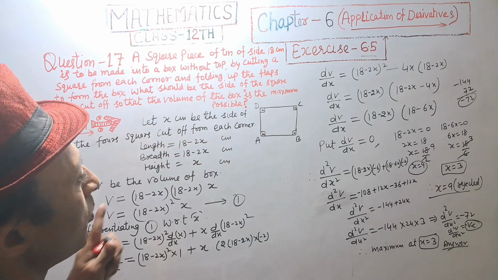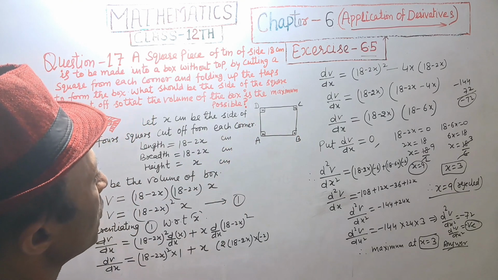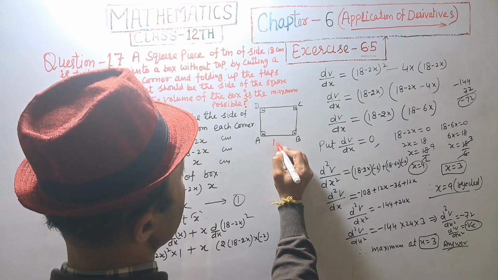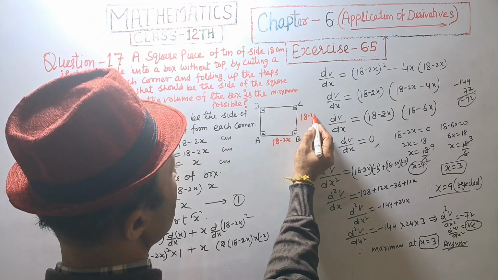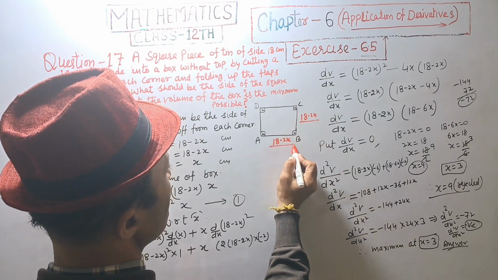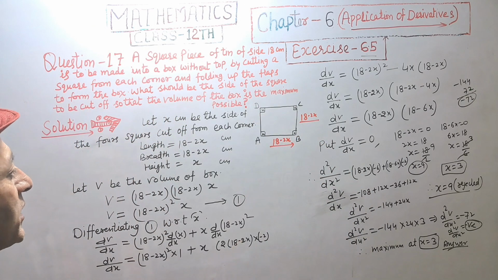Let x be the side of the four squares cut off from each corner. Length is 18 minus 2x, breadth is 18 minus 2x, and height is x.